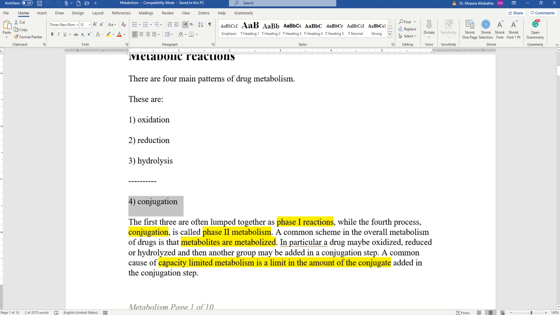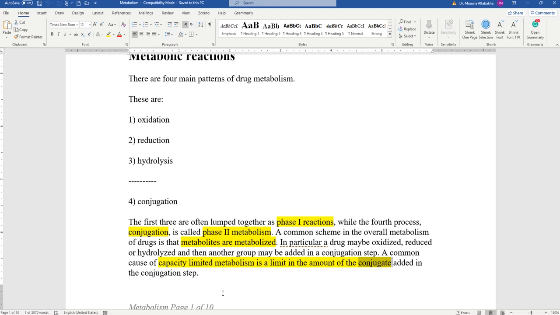One of the capacity-limited metabolism is conjugation. What do we mean by that? We mean that for conjugation to happen, you need to have that group or molecule in the liver, to add the naturally occurring groups or molecules to the metabolite or to the drug.